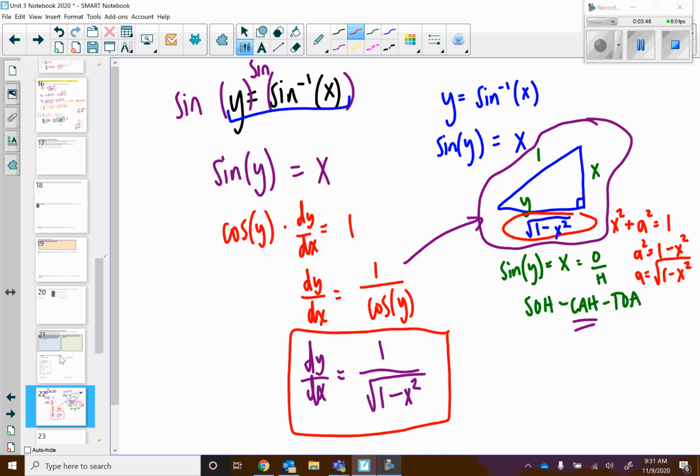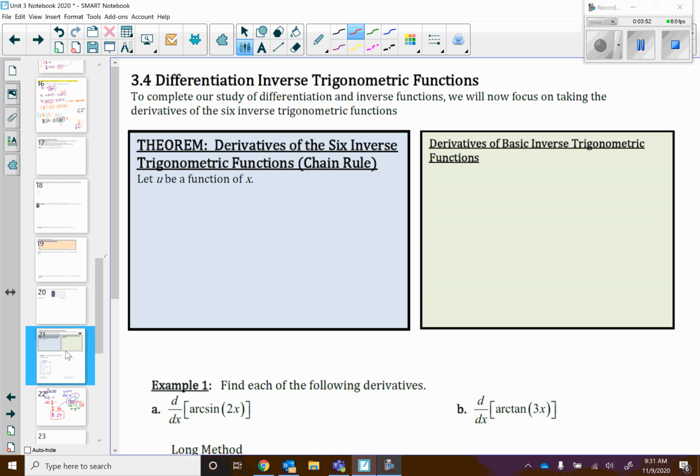And so we're going to go back, and now we're going to look at the derivatives of basic inverse trig functions. We just did the first one. We just proved that the derivative of sine inverse of x is 1 over the square root of 1 minus x squared.